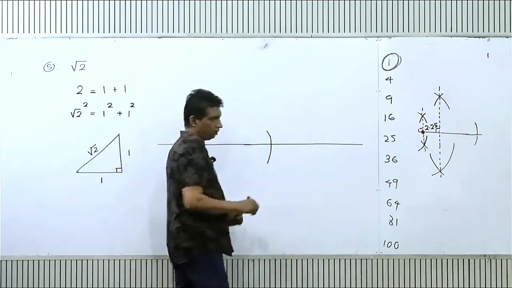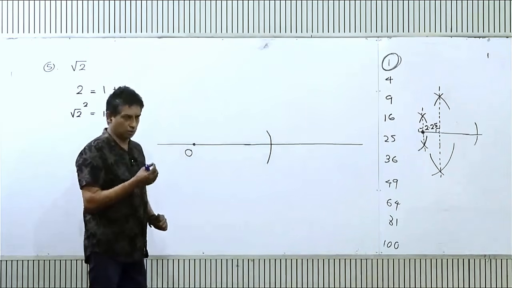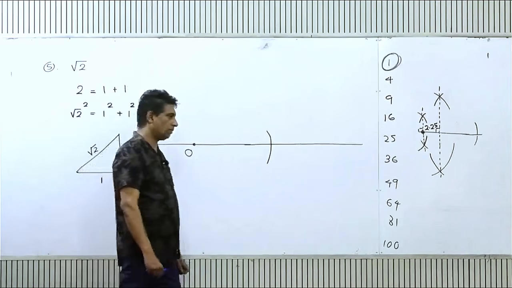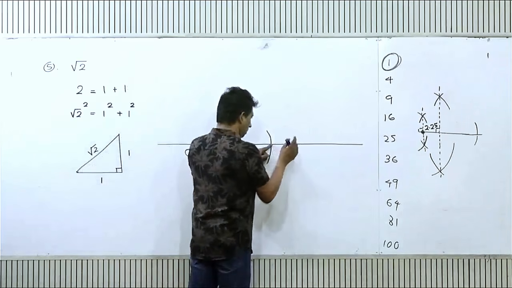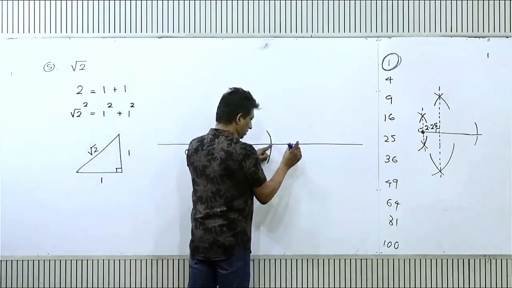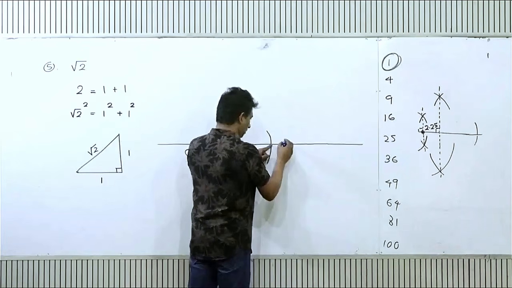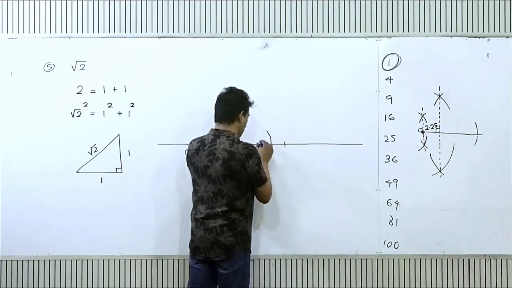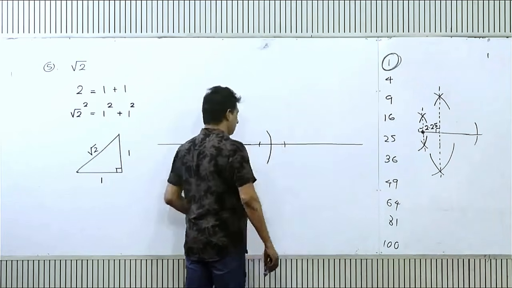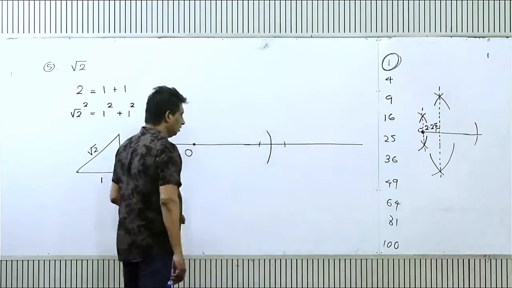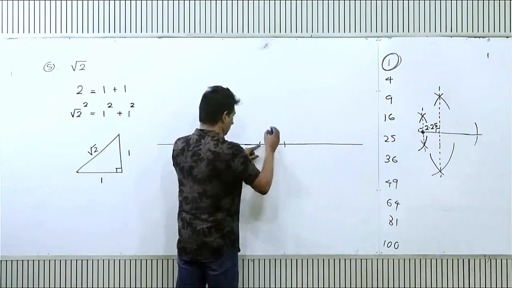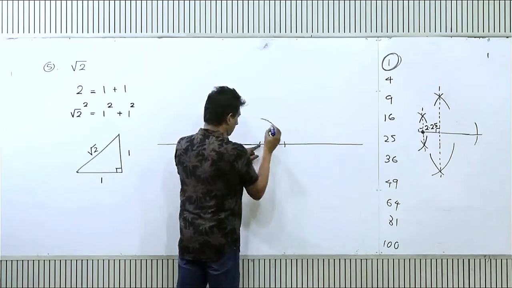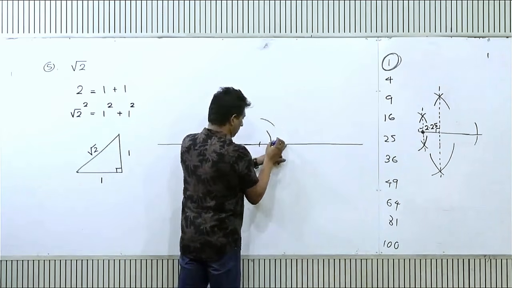How can we draw a perpendicular to a point on a straight line? We have to put the compass end here, take any distance on the compass, and draw an arc on this side and this side. Then we have to extend the compass somewhat, put the end here and draw an arc here, and again put the end here and draw an arc here.